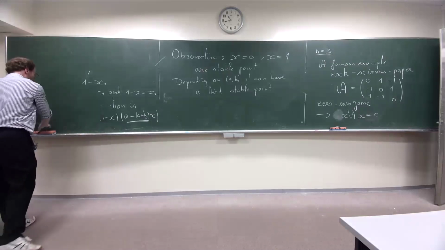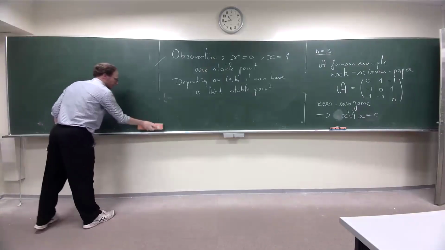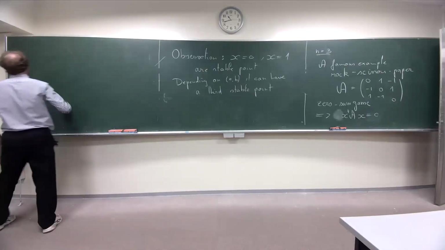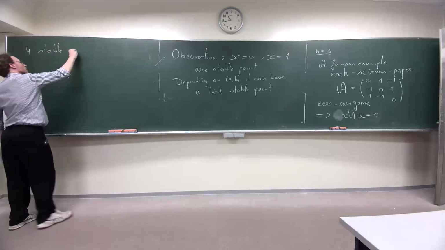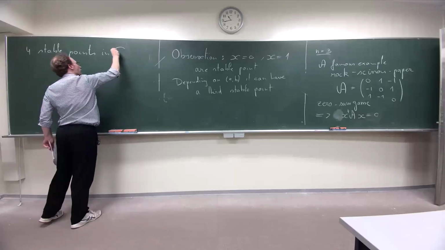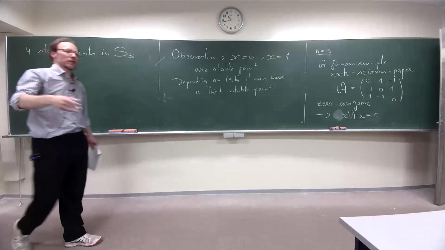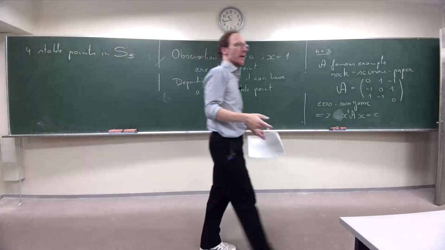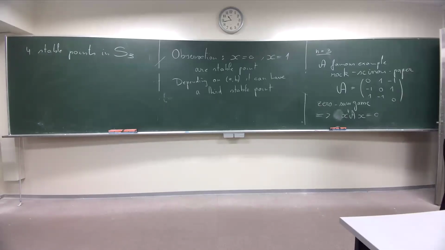Okay, so we have 4 stable solutions for this. In R3, be careful now, I should say in S3, because these fractions have to sum up to 1. So the solutions are 1, 0, 0, 0, 1, 0, 0, 0, 1, and 1/3, 1/3, 1/3.